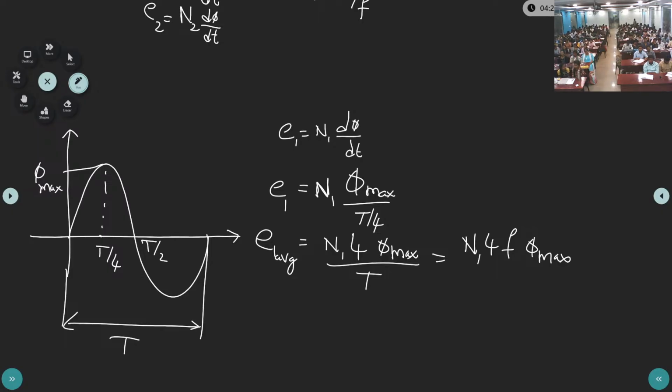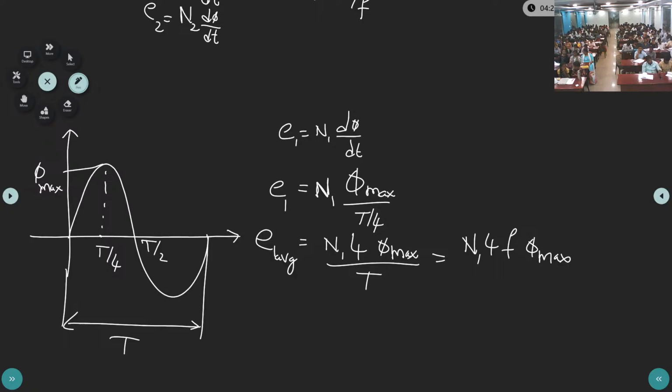Which voltage is that? 230 is nothing but the RMS voltage.